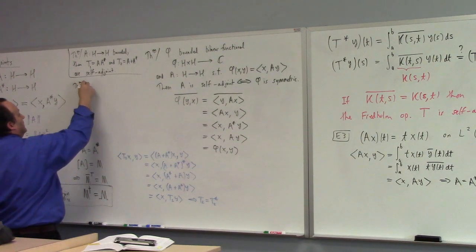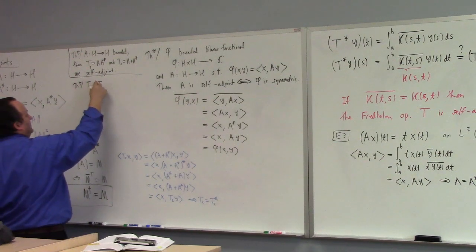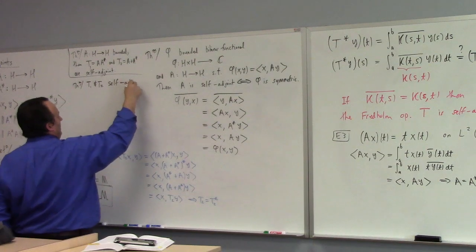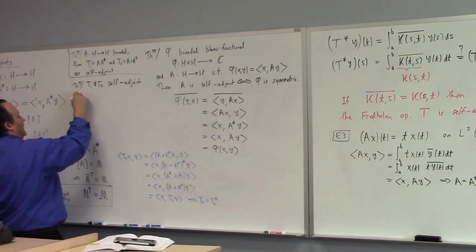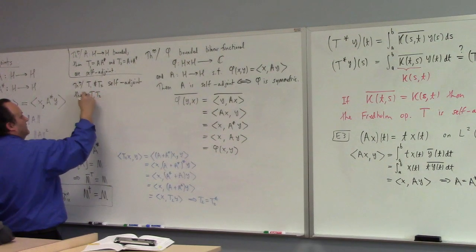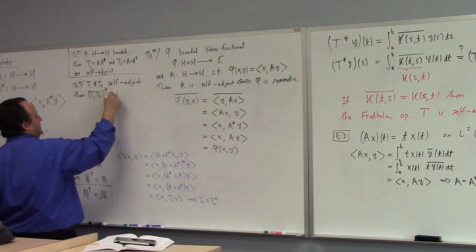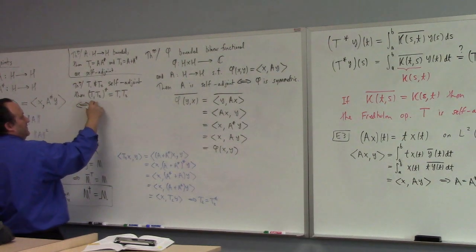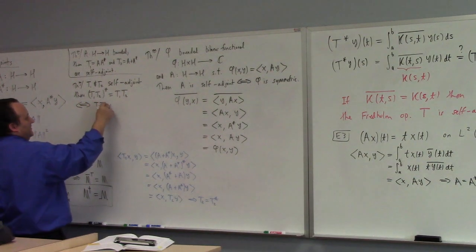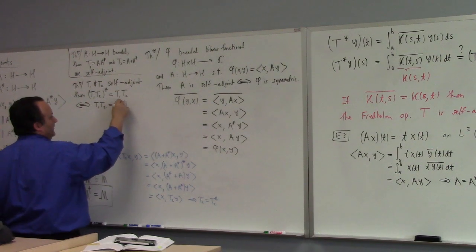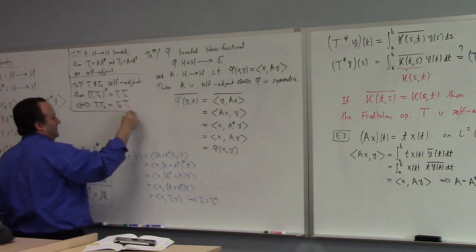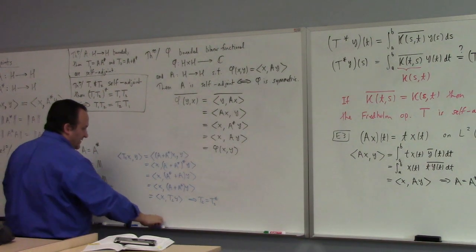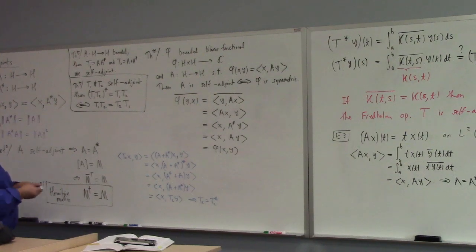Theorem: T1 and T2 self-adjoint, then T1 T2 star equals T1 T2 if and only if T1 T2 is equal to T2 T1. And of course this is a statement about composition. This is again pretty easy to prove. It's pretty much direct calculation.